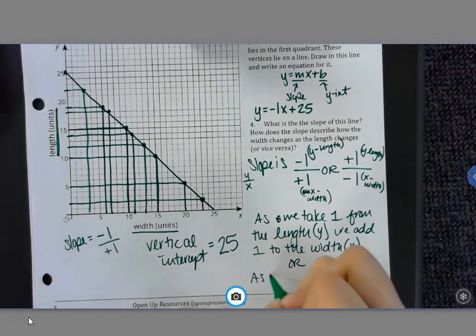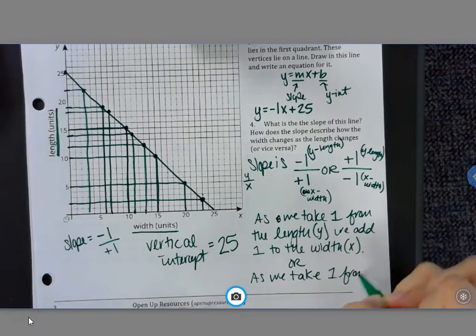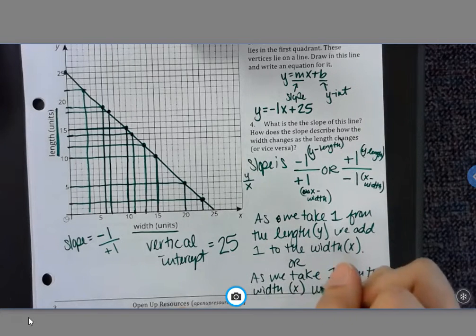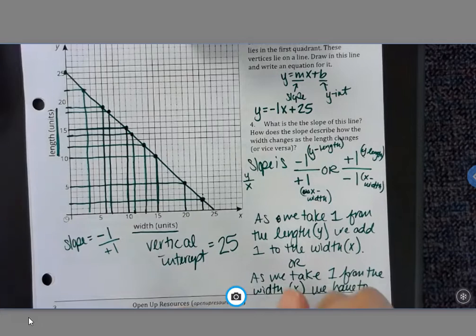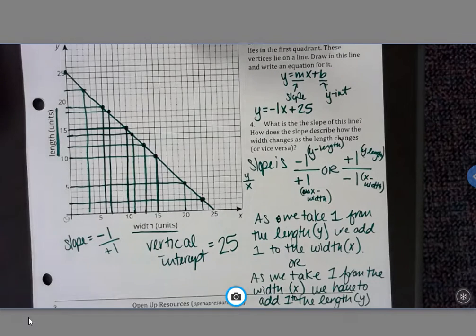Vice versa, as we take 1 from the width, which is x, we have to add 1 to the length. Hopefully you started to see that pattern as you were drawing in your rectangles or finding your numbers. You need to pause that before flipping over to the important information on the back, okay?